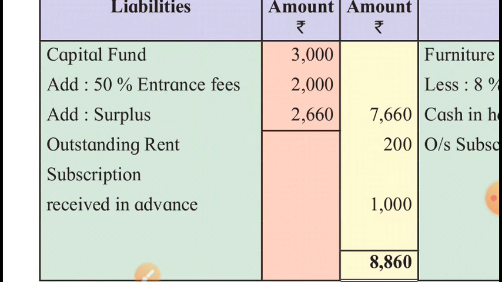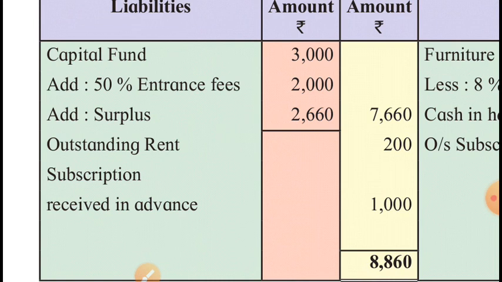Capital fund as given in the problem was rupees 3,000 plus 50% entrance fees added 2,000 plus surplus added 2,660. So 7,660 is the total capital fund at the end of this year, being shown in the outer column.